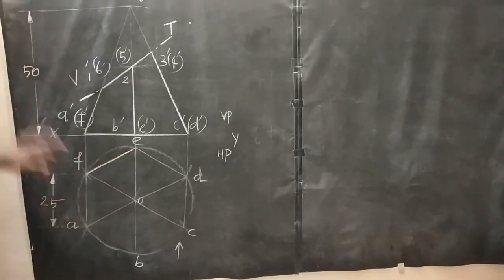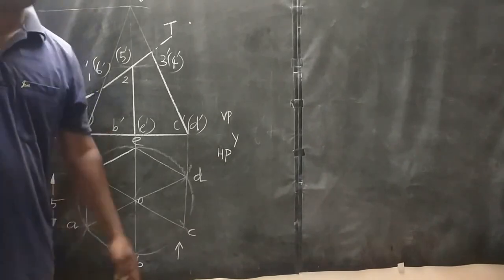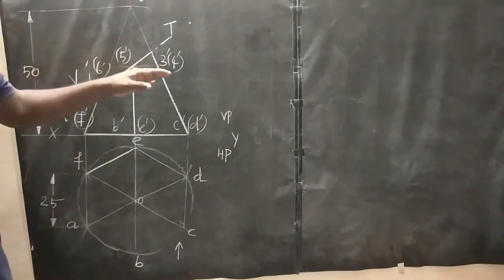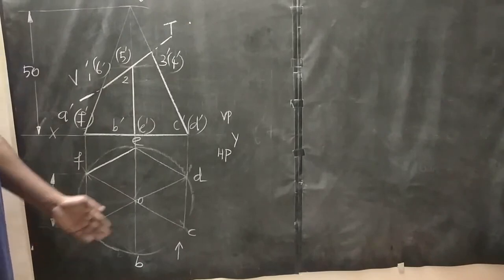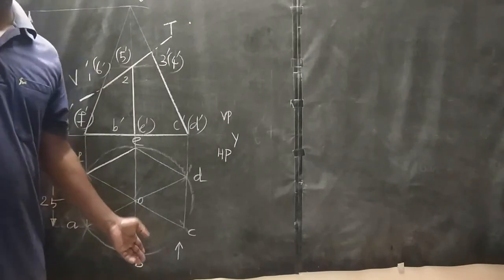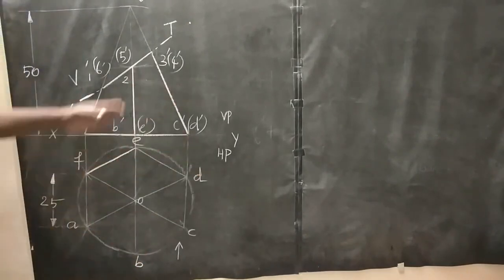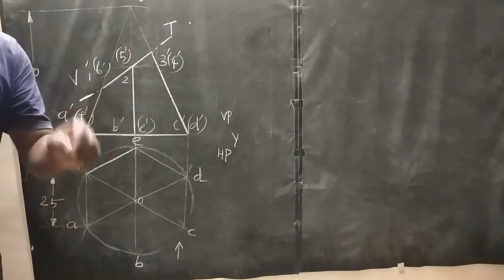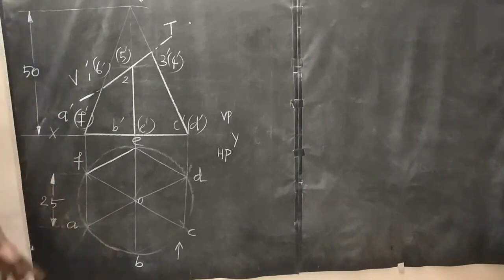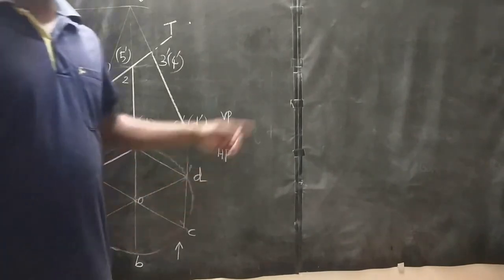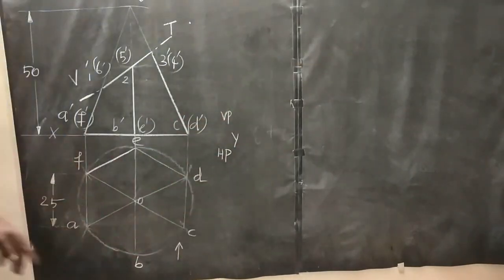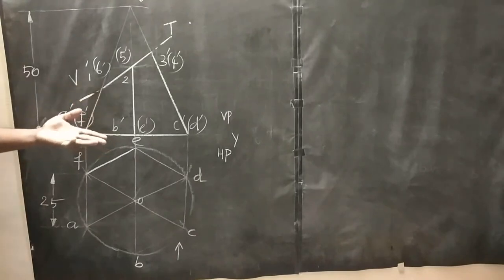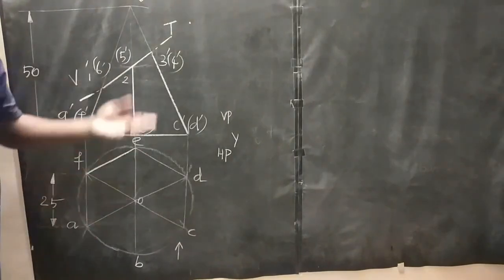Here the sectional top view is not required because the cutting plane passes over the slant edges, so no need to draw the sectional top view. Suppose in some other problem this cutting plane passes over the base, that time you should draw the sectional top view. Then only you will transfer that base point to your development. So in this problem it is not required. The reason is that the cutting plane cuts all the slant edges.